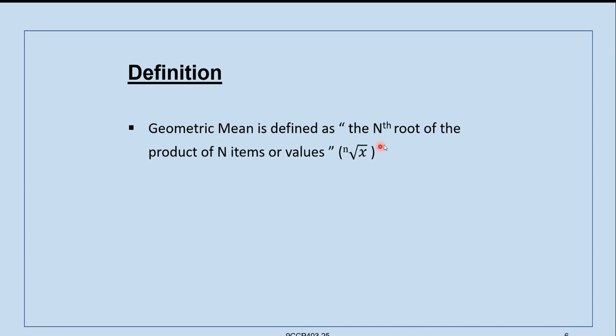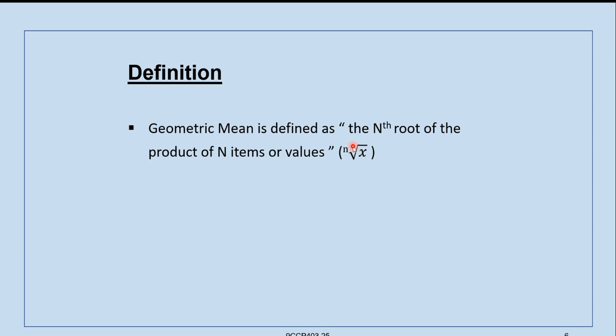That is taken under root with 3 here. This is understood as x to the power 1 by 3, that is 729 to the power 1 by 3.